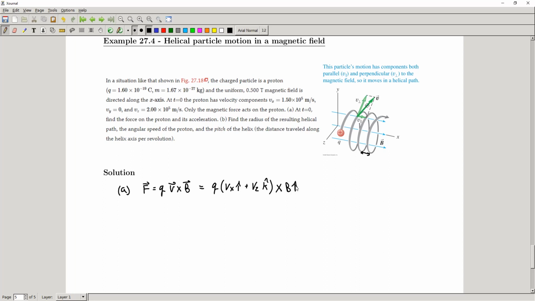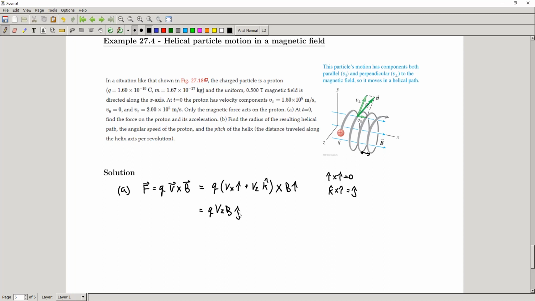We still need to remember some stuff about cross products. I cross I is equal to 0, but k hat cross i hat is equal to j hat. So the k hat and i hat term gives us a non-zero value, but the i hat and i hat cancel out. This whole thing cleans up: Q remains, and we have Vz B in the j hat direction.